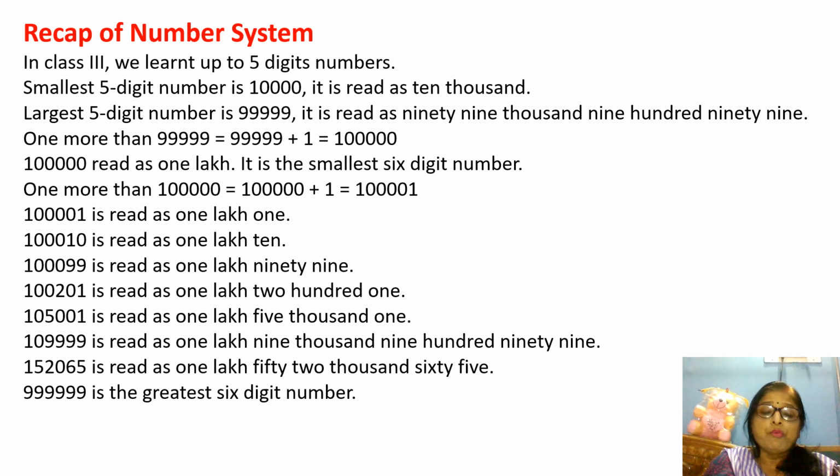When you add 1, then you are getting a 7-digit number. So you can say that 9,99,999 is the greatest 6-digit number.